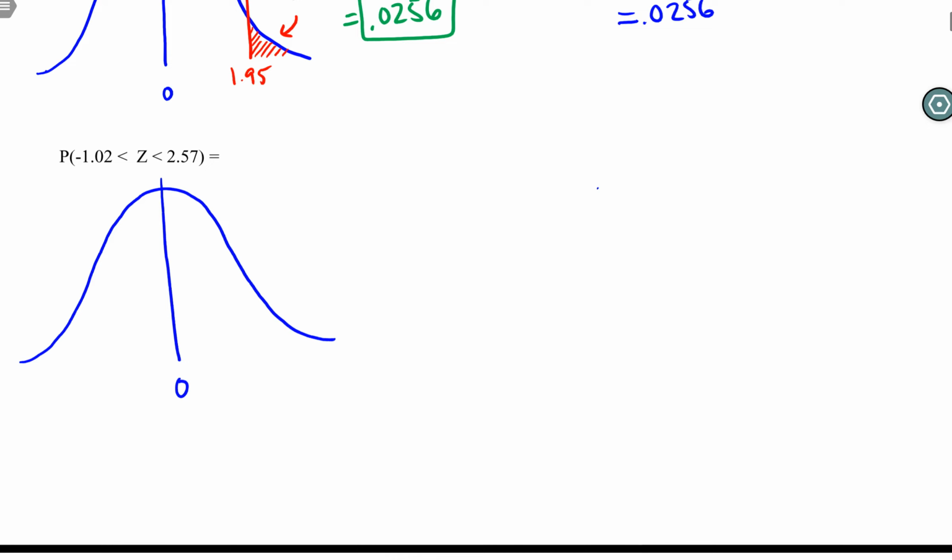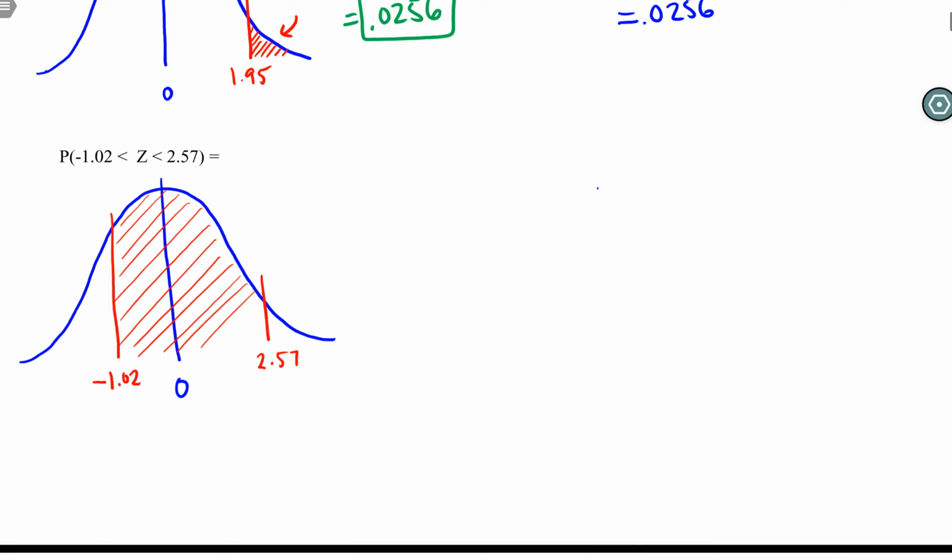We're interested in being between a negative 1.2, I'm sorry, and a positive 2.57. So this is our area that we're interested in, everything between those two cutoffs. That's the area under the curve that we want to know about.